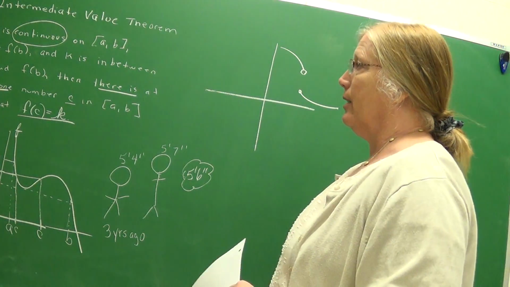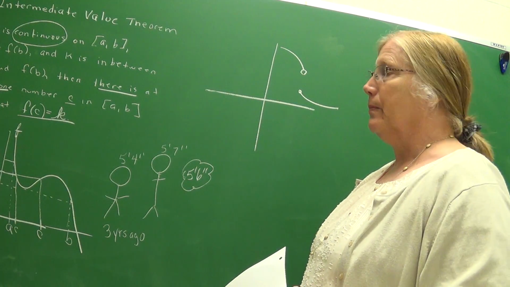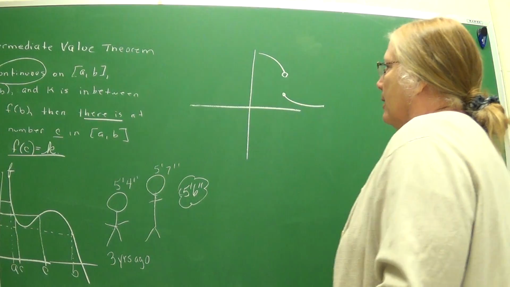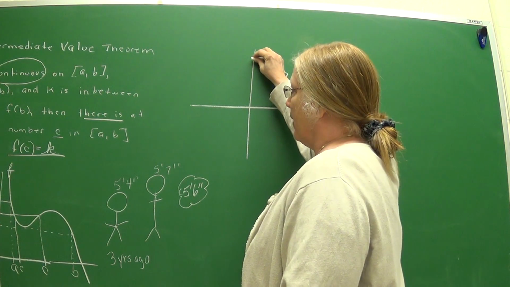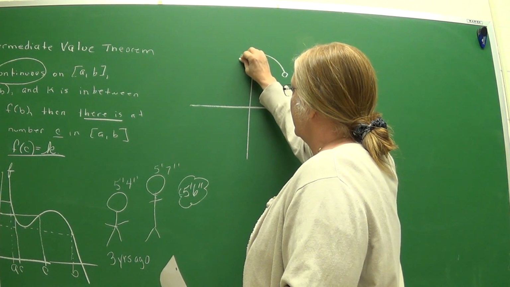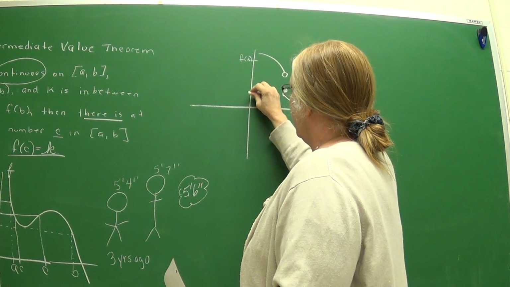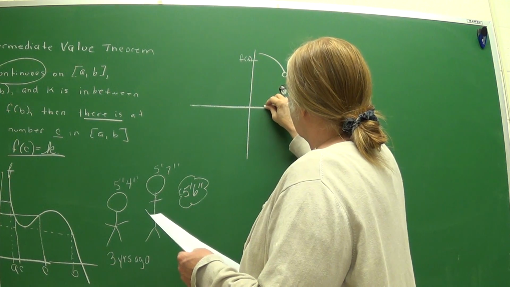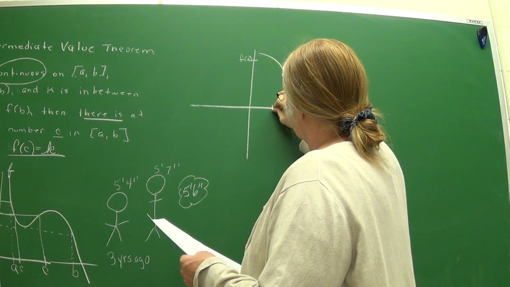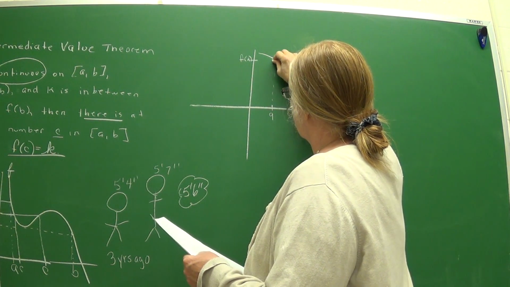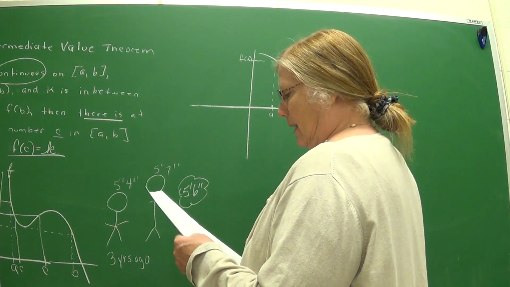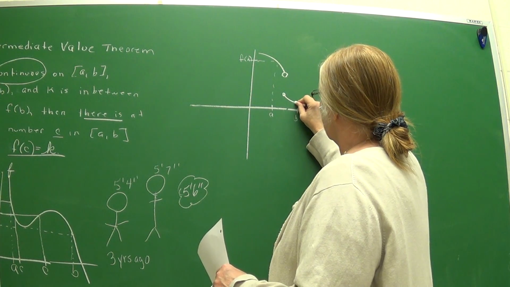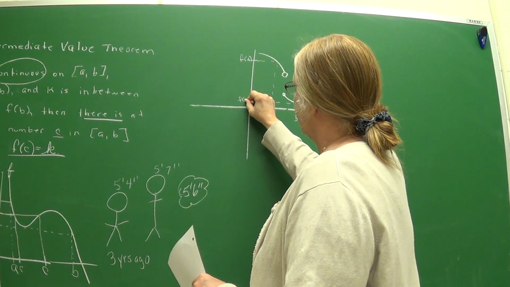So I'm going to try the intermediate value theorem, and this time I'm going to put my f of a up here, and that is my f of a, and I'm going to put my b down here. So this is my f of b.